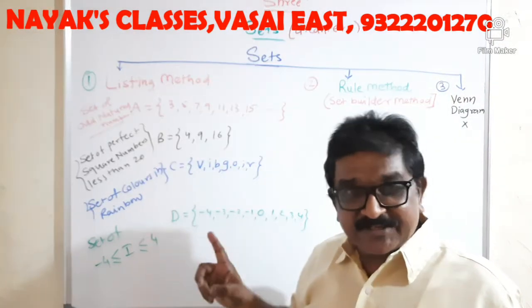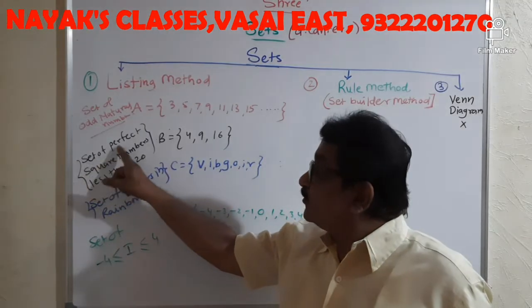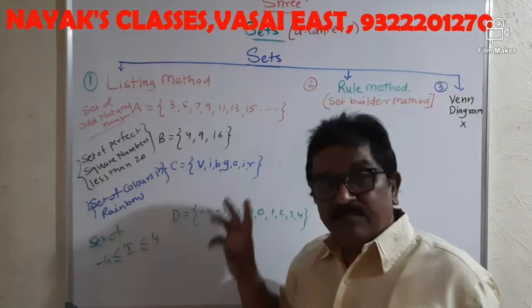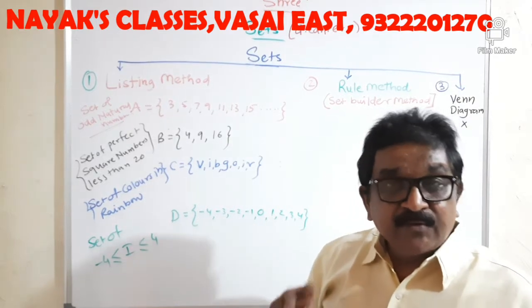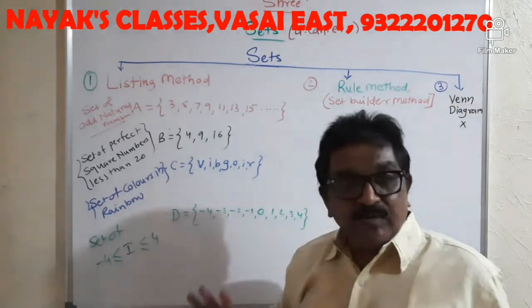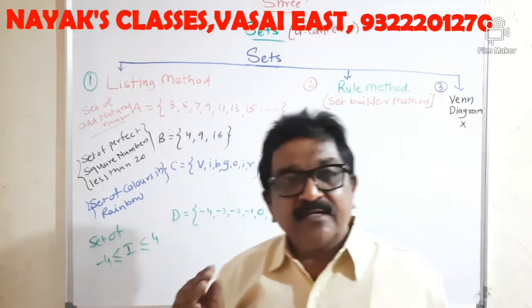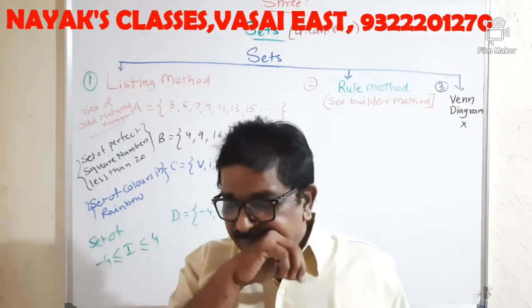Next is write a set of perfect square numbers which are less than 20. So 1 into 1, 1 square, is not called a perfect square.